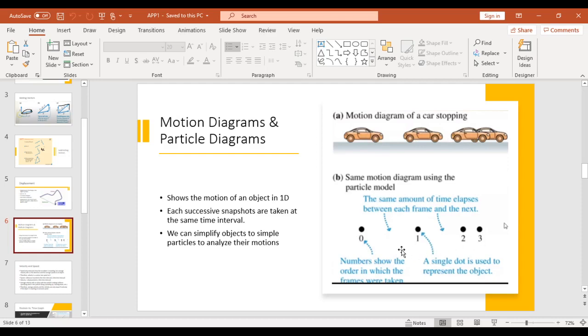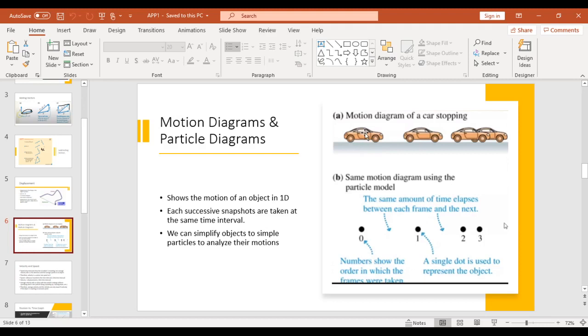The particle diagram is basically a representation of the motion diagram, except it's simpler, because the person who drew this simplified the cars to be just this one dot, this one single object, to make it easier to analyze the motion.